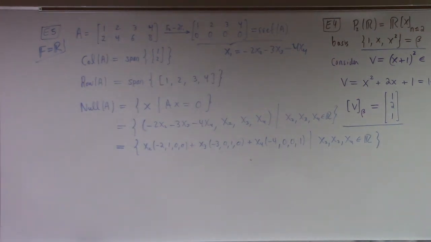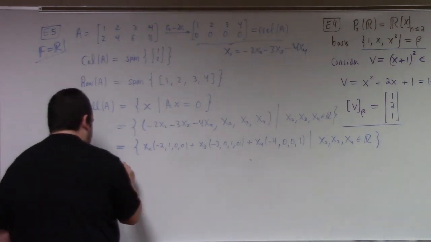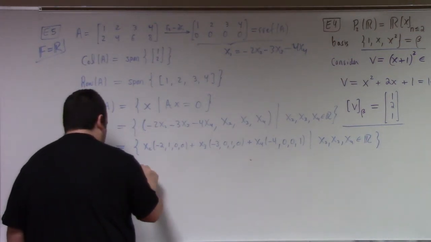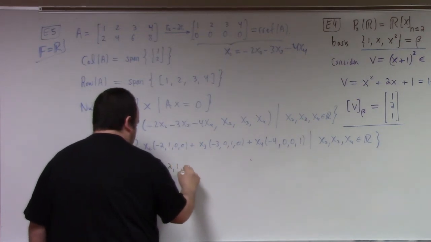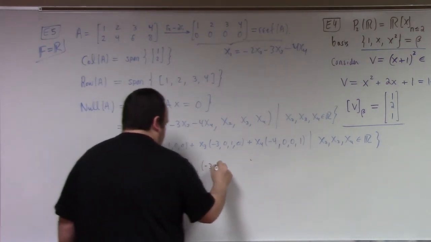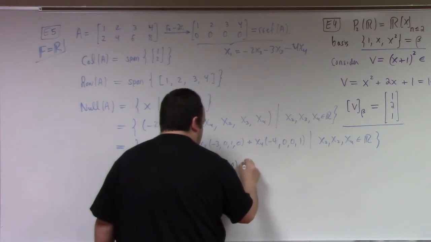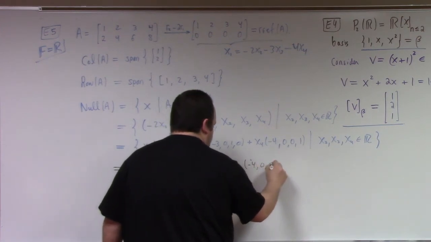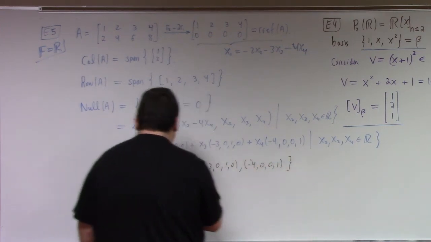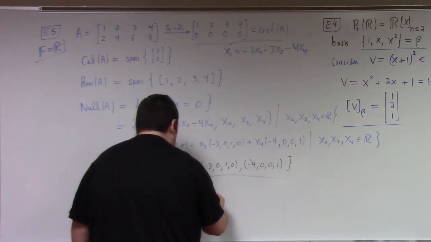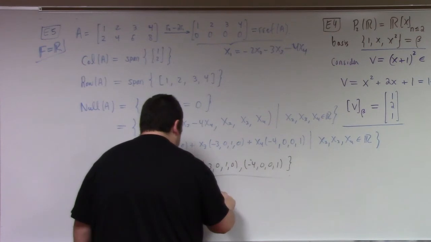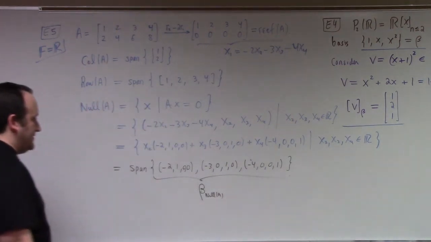So it should be apparent to you that the null space is the span of these vectors: (minus 2, 1, 0, 0), (minus 3, 0, 1, 0), (minus 4, 0, 0, 1). And this set, without the span, is the basis for the null space of A. The null space of A is three-dimensional.